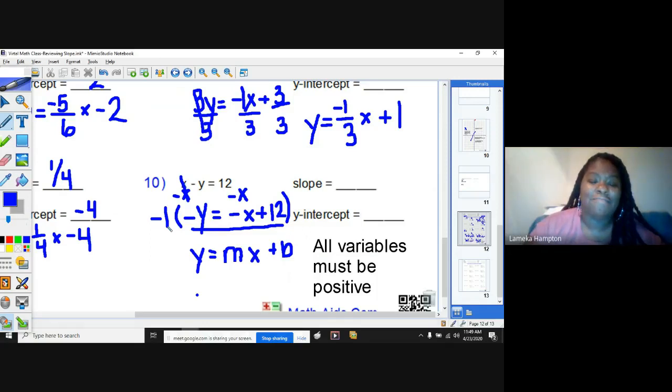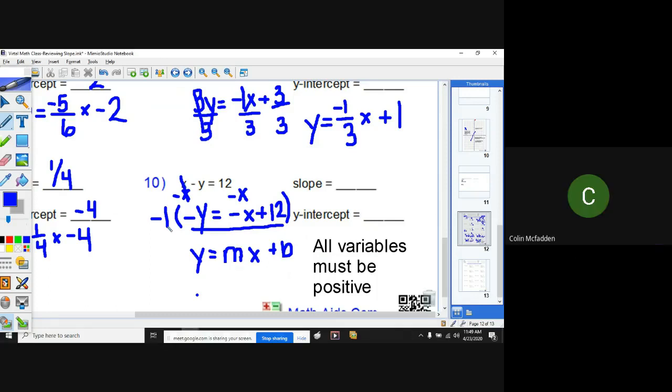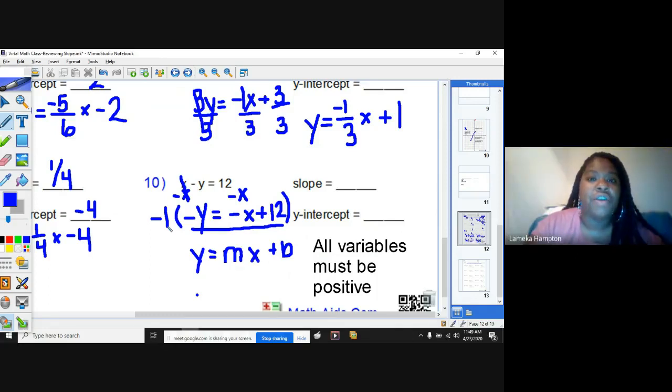So for the people watching this playback, and for y'all too, the reason why I am multiplying by -1 is because of my answer. All variables must be positive. Now, when I say all variables must be positive, you can't have a negative variable equaling something.